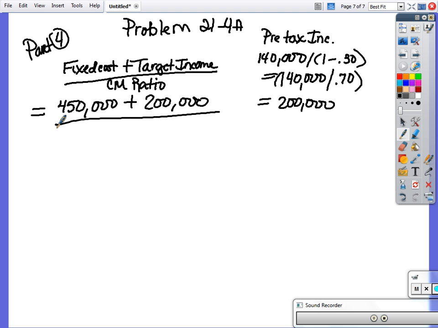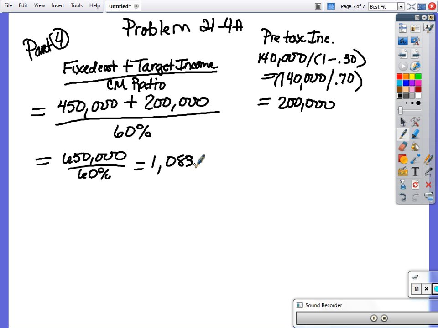So the best thing to do is 450,000 plus 200,000, 650,000 divided by 60%, which equals what? 1,083,333. And that is required sales in dollars.